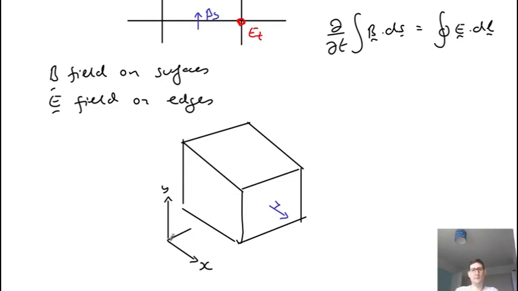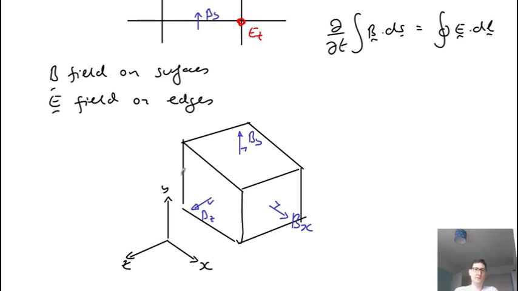Let's just make things clear, I'll put z the other way, just to make the drawing easier. So this is in the x direction. Here we have a surface, and so Bx is coming out of the surface at right angles. By is defined at the top surface, so By is coming out through there, Bz is coming out through here at the front. So all three of them are orthogonal to the surface.